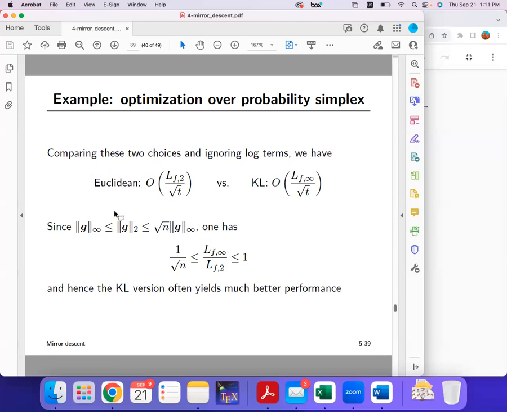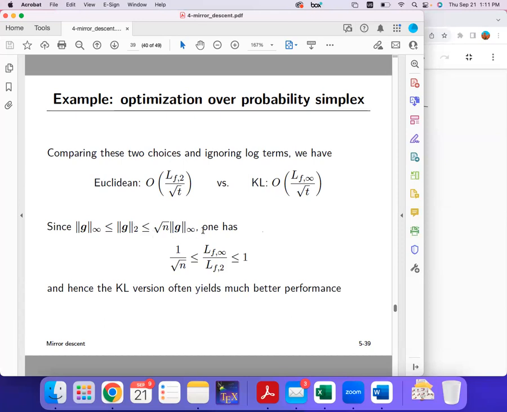They could be very similar when the vector is concentrated in very few coordinates. Imagine if only one coordinate is non-zero and all the others are zero, then L2 and L infinity are the same.